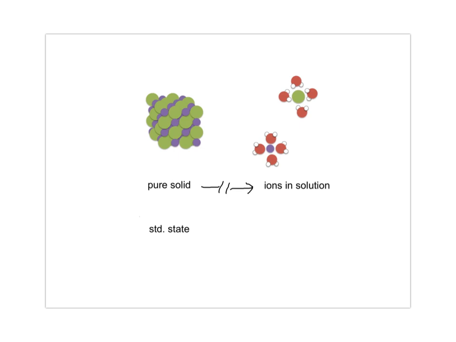So instead of referencing the solution to the pure substance, we will reference the solute molecules in solution to a given concentration solution. In general, we pick 1 molar as our standard state concentration, although biochemists tend to favor the unit of molality and will often use 1 molal as a standard state.